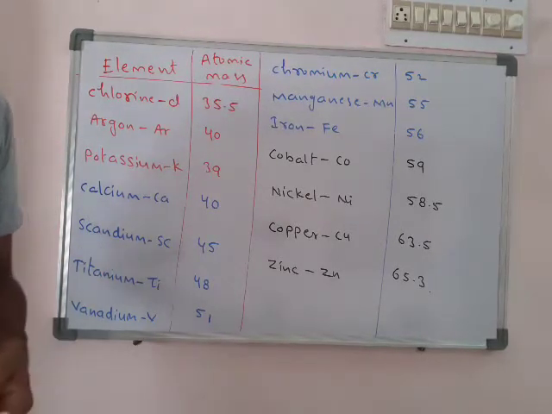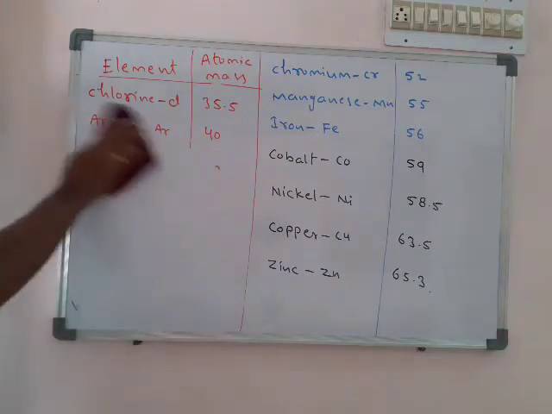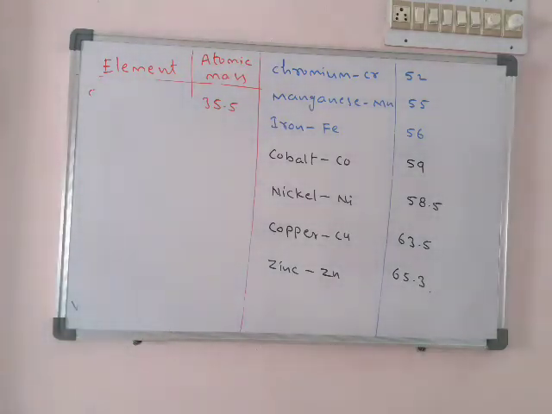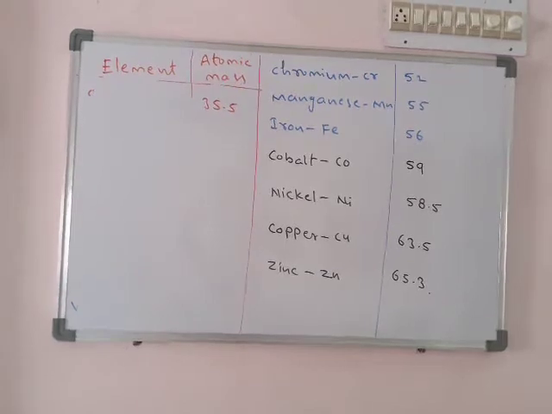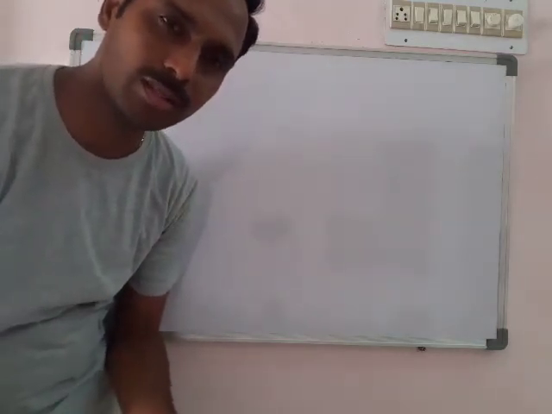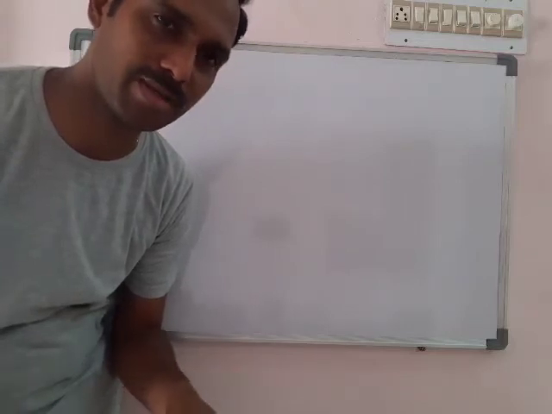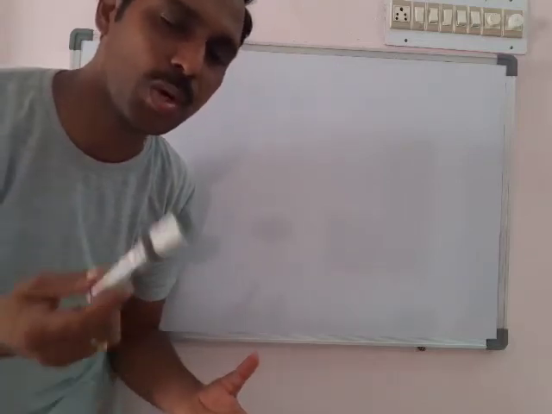We see other examples now. Okay, so these are the atomic masses of different elements. Now we see how to calculate the molecular mass. With the help of atomic masses only we are able to calculate the molecular mass.